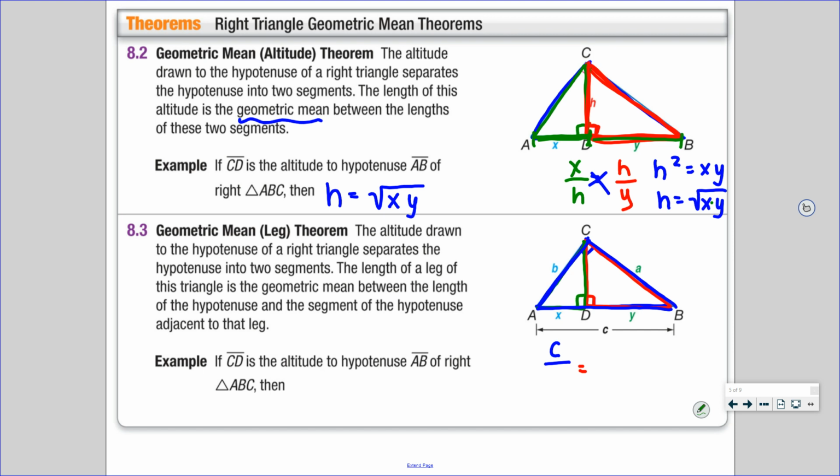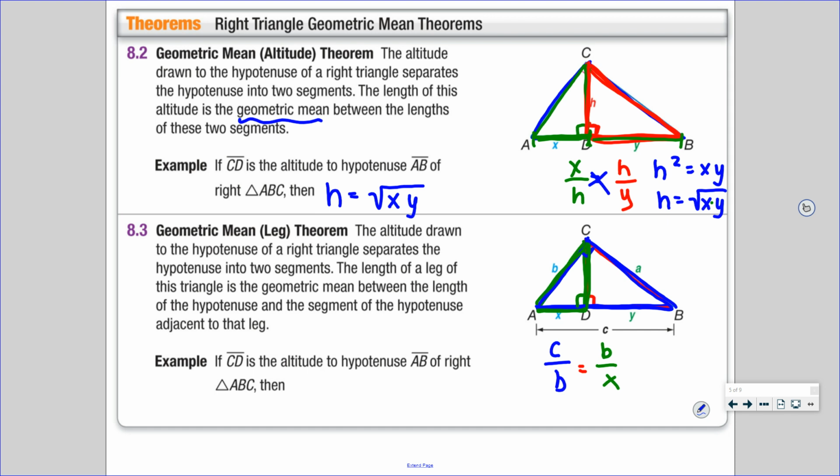C corresponds to the hypotenuse of my big triangle, and in my green triangle, the hypotenuse is B. Okay, back to the big triangle. B, which is my shorter leg of that big right triangle, corresponds to, in my green triangle, X, which is the shorter leg in that green triangle.